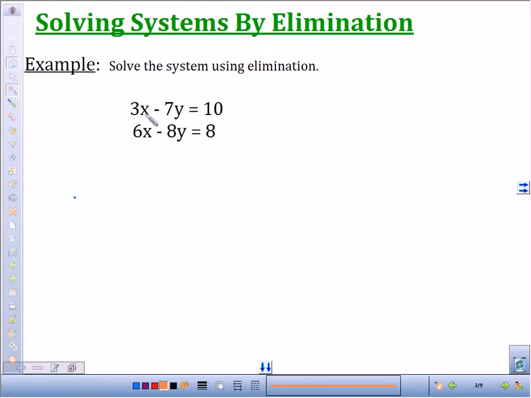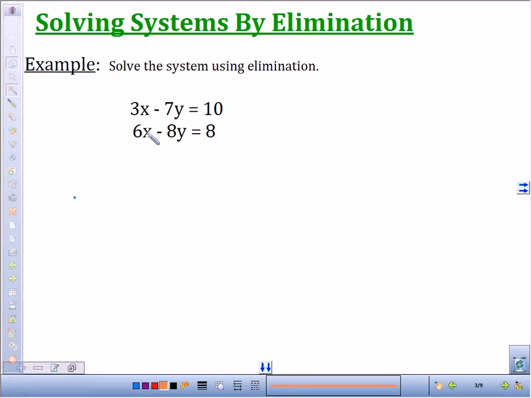Now, I want to start by solving this system of equations, and I want to use the elimination method. The first step in the elimination method is to multiply one or both of these equations by a number so that my 2 equations have one coefficient that differs only in sign. Now, the path that I want to take is first to look at my different coefficients.